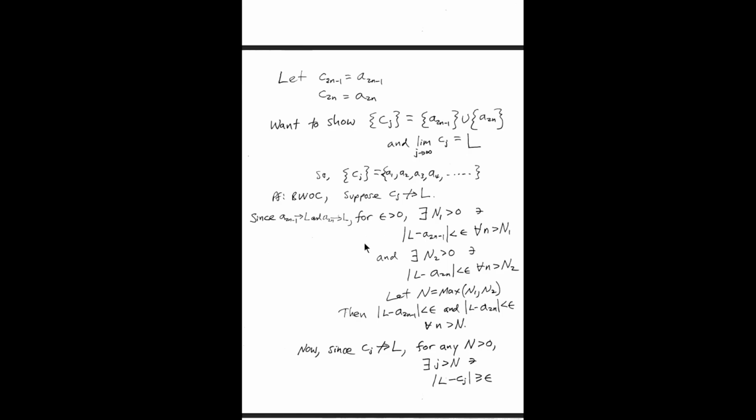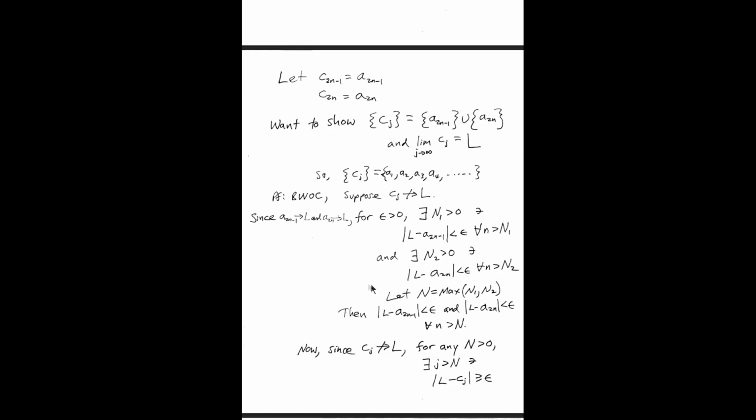And also, we can say there exists a capital N2 greater than 0 such that the absolute value of L minus A sub 2n is less than epsilon for all n greater than capital N sub 2.